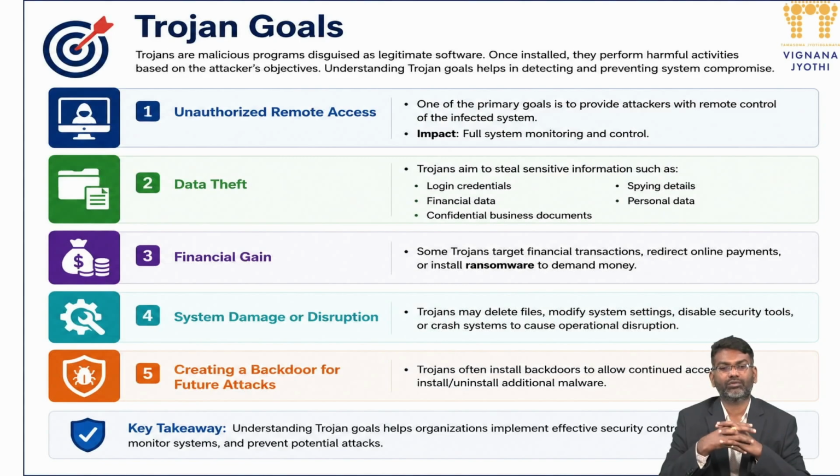Next, going to the Trojan goals. What exactly do they need, and why are they making these types of operations? As I already told you, a Trojan is a malicious thing, but it pretends to be legitimate, genuine servers and genuine software. Once it has been installed, it will do its own operations.